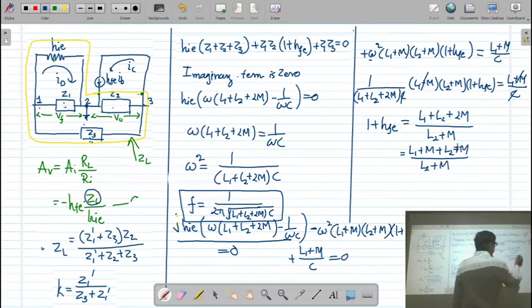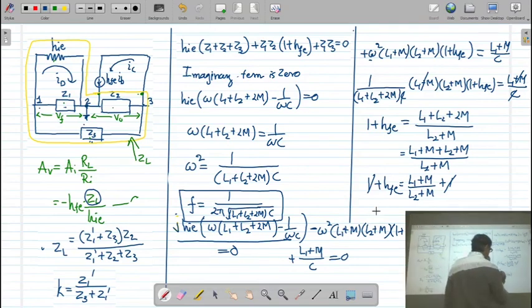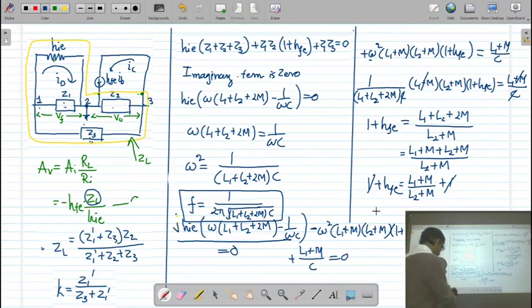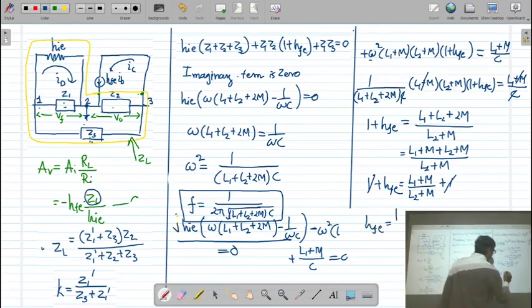So here (L2 plus M) over (L2 plus M) will be 1. We have (L1 plus M) divided by (L2 plus M) plus 1. On this side 1 plus h_fe is there, so 1 will be cancelled. Then h_fe equal to (L1 plus M) divided by (L2 plus M).